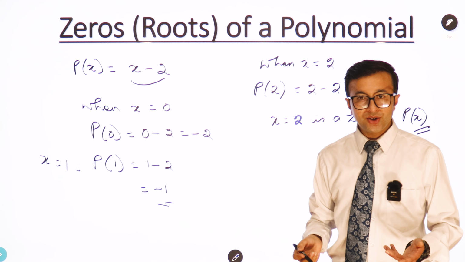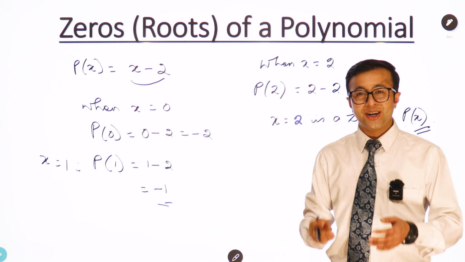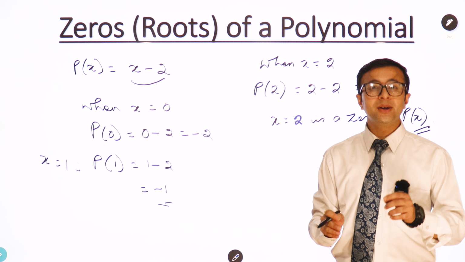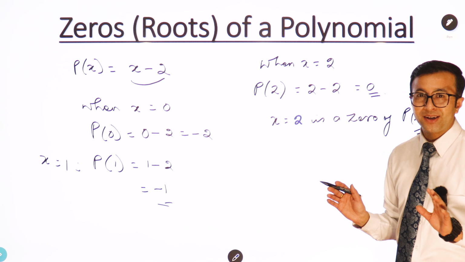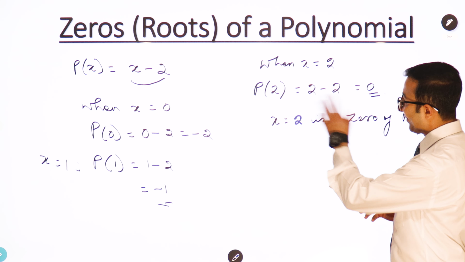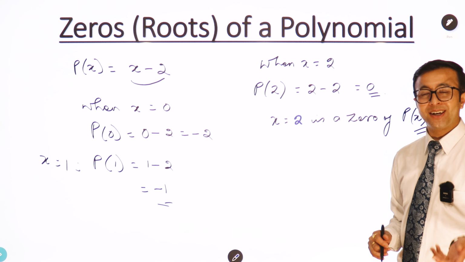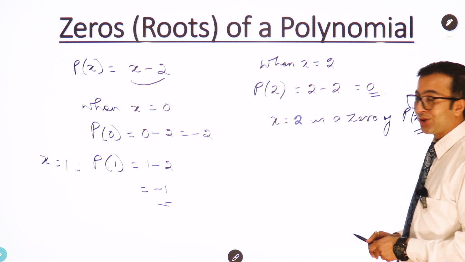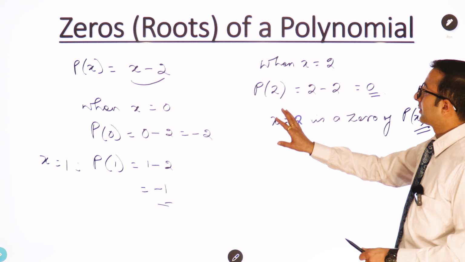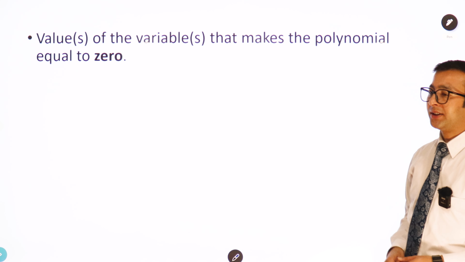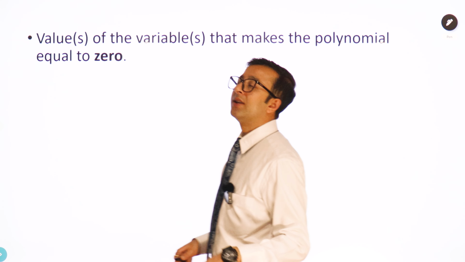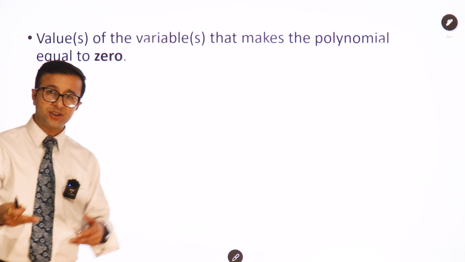So the definition is: whichever value or values of the variable make the polynomial 0. The ultimate value of the polynomial becomes 0, and that's why it is called a zero of the polynomial. So this is the concept of zeros or roots of the polynomial. This is a simple definition: the value or values of the variable or variables which make the polynomial 0.